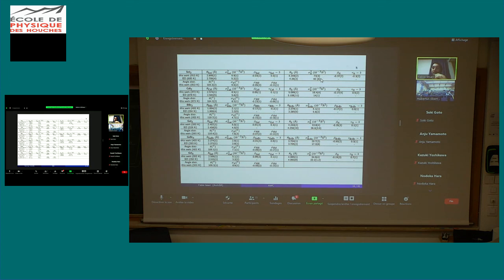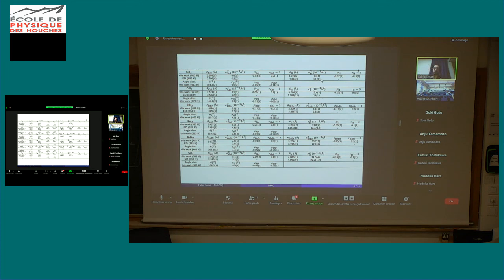And one important result is this correlation between the distance and the angle, that basically gives you the direction of the vibration with respect to the angle.